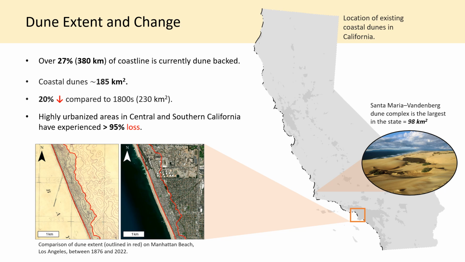As you might expect, highly urbanized areas in central and southern California have experienced extensive loss, over 95% in some regions, such as the LA region and around San Francisco. Although there has been extensive loss across the state, large dune complexes still exist, including the Santa Maria Vandenberg Dune Complex, which is over 98 kilometers squared in area.